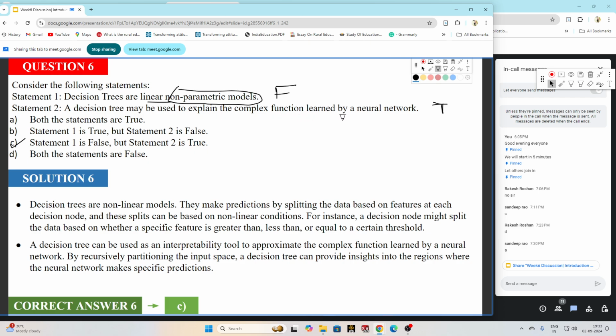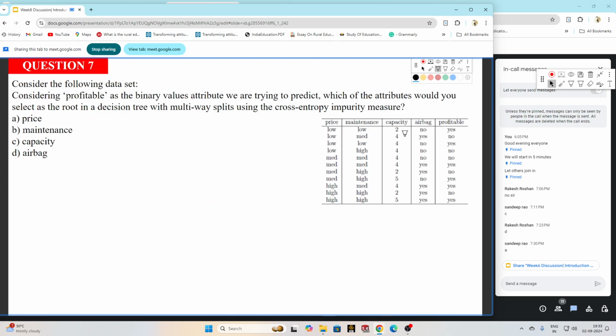Yes, a decision tree is a perfect interpretability tool, so that is why it can be used to explain the complex function learned by the neural network. So statement 2 is true. So C is your correct answer: statement 1 is false, second is true. Okay, so let's move on to the next question.